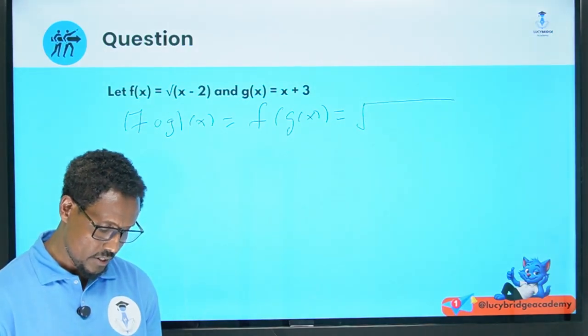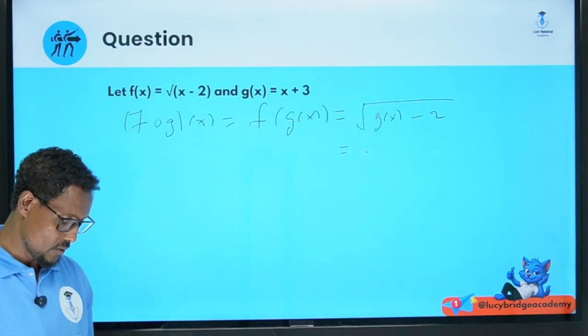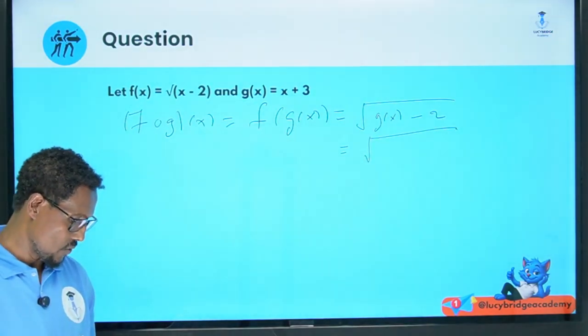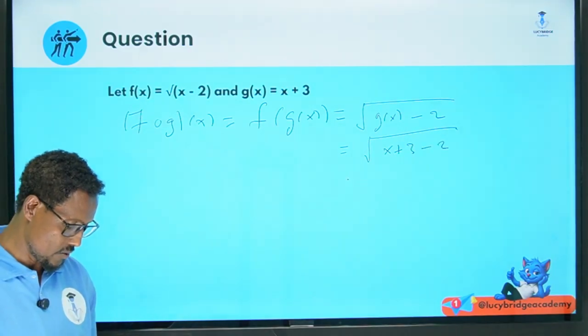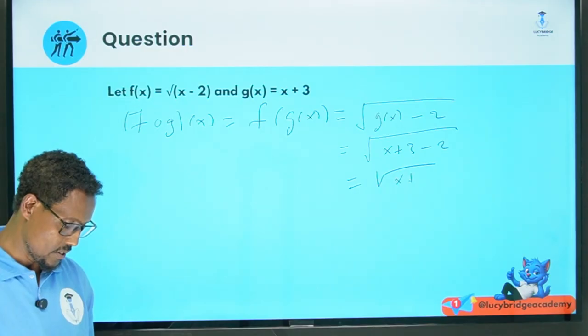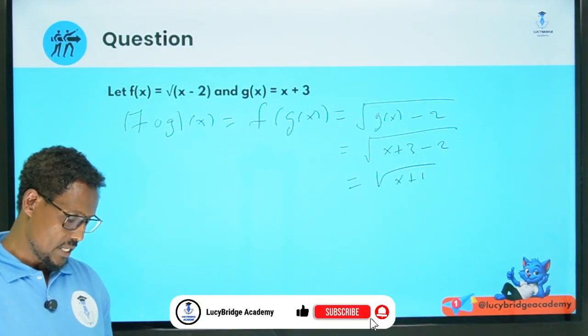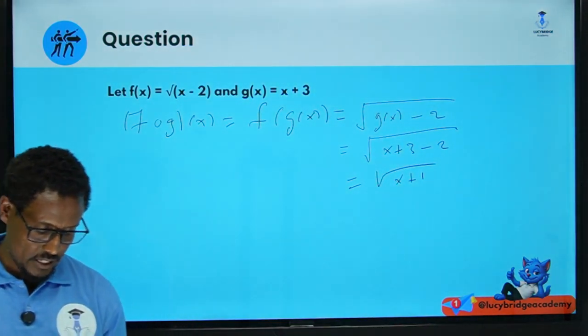So the square root of g of x minus 2, where g of x is x plus 3, which is equal to the square root of x plus 1. This is the composition of f and g, or f circle g of x.